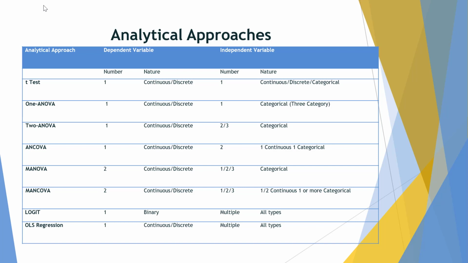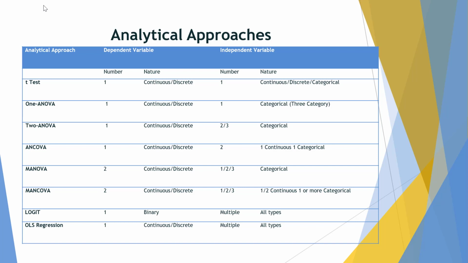Then MANOVA, you have two dependent variables in this case. They are both continuous or discrete. Then you have one, two, or three categorical independent variables. MANCOVA, you have two dependent variables that are continuous or discrete, and one, two, or three independent variables, with either one or two being continuous, then one more that is categorical.